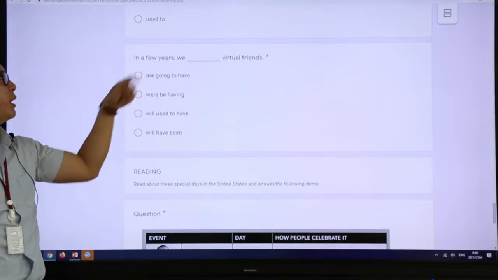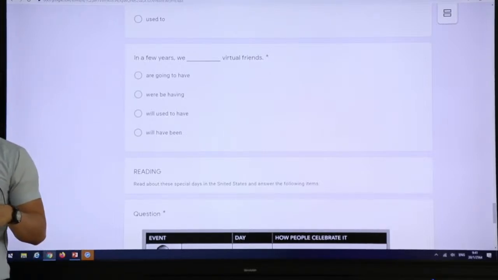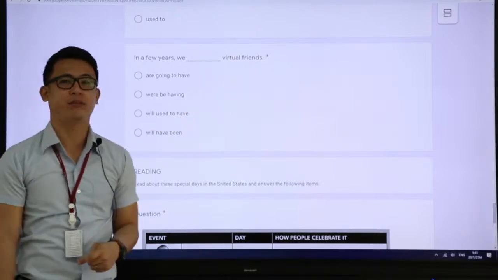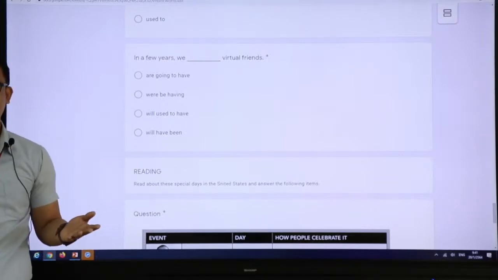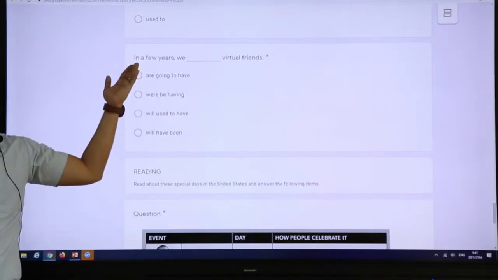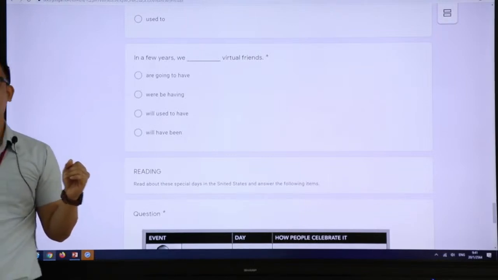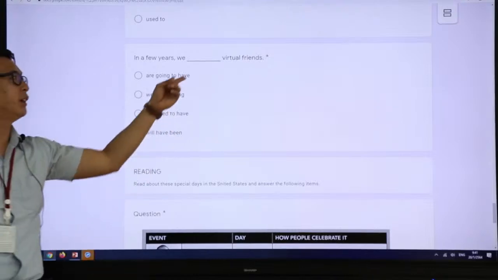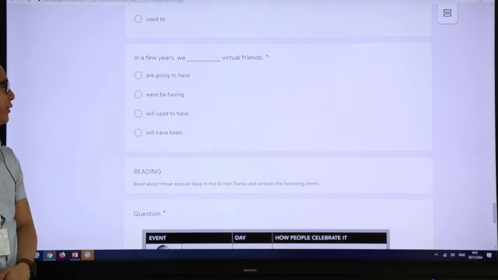Actually, even though it talks about the future, we're currently having virtual friends. I have friends online that I haven't met personally, but we are friends, we're talking online, we have different group chats. So it's already happening little by little, but a few years from now, everyone will be having virtual friends. So what is the answer?